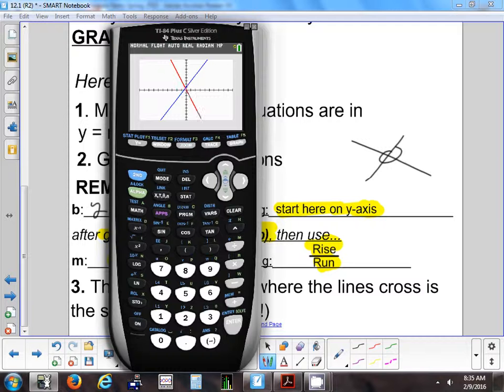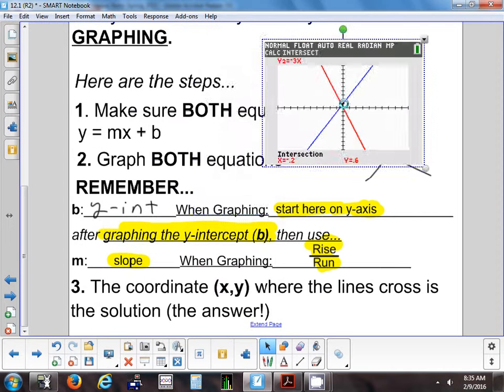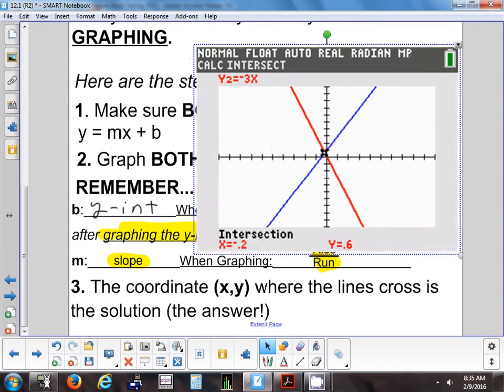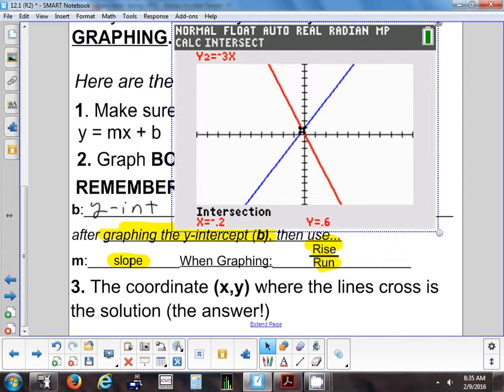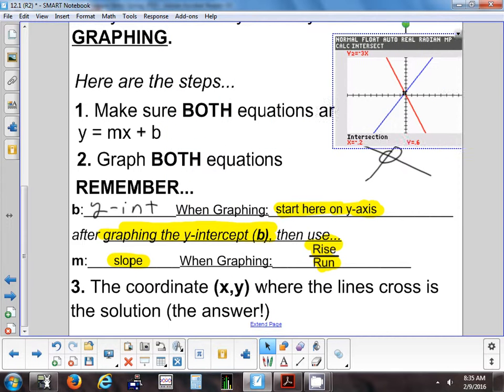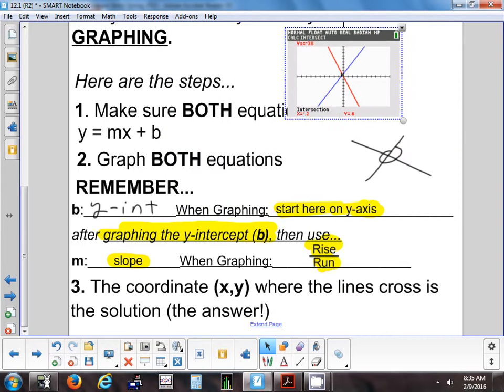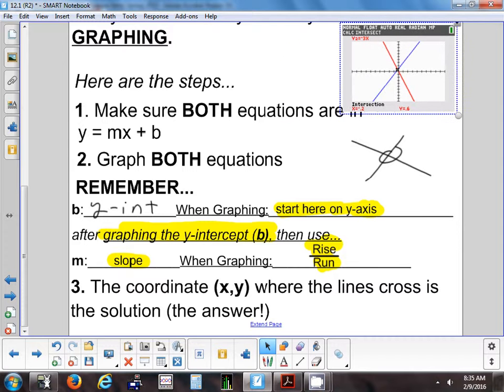And it'll tell me exactly where they cross. Okay? I can calculate where these two lines intersect. And notice here, you probably can't see it, but the answer here is pretty messy. Negative 0.2 and 0.6.